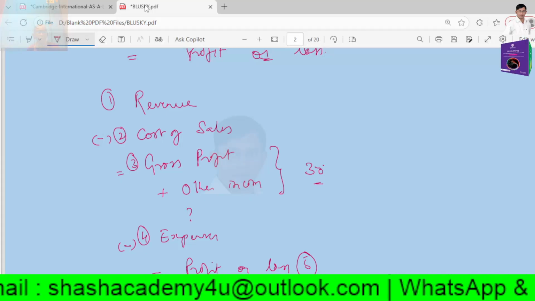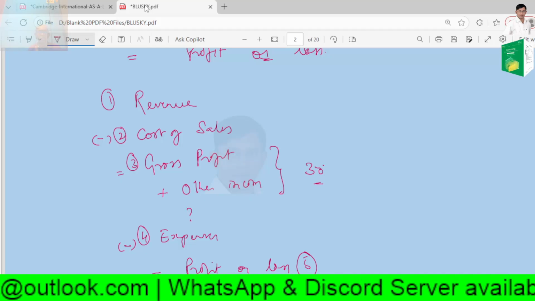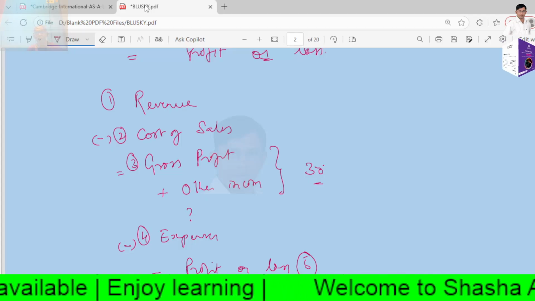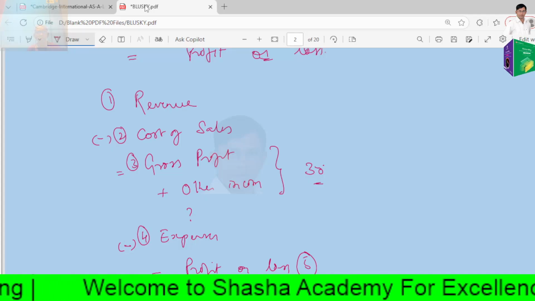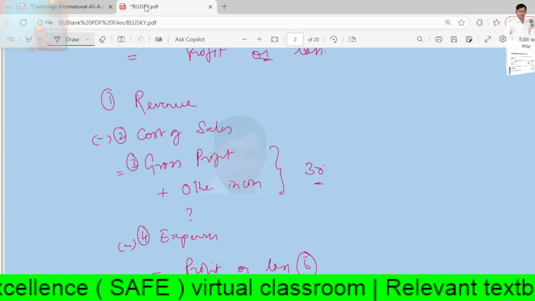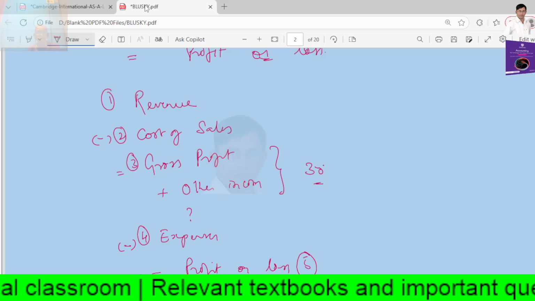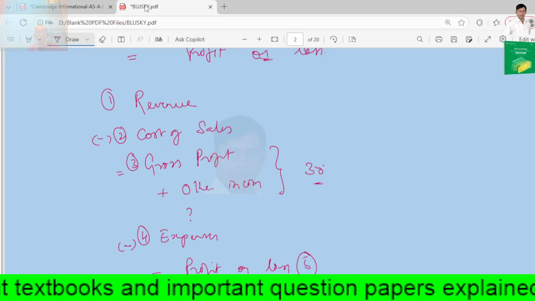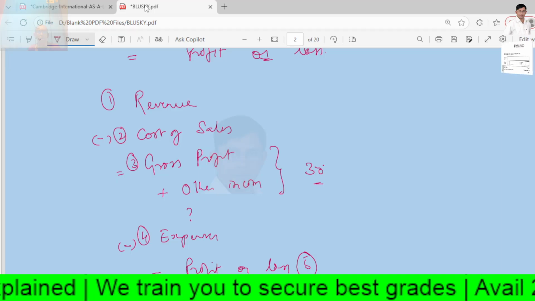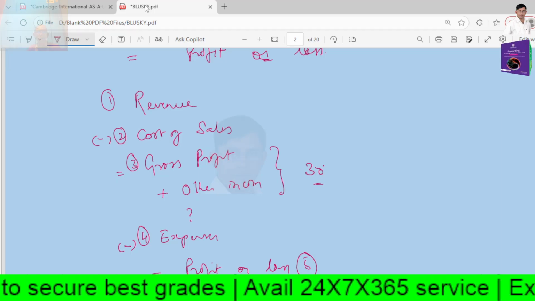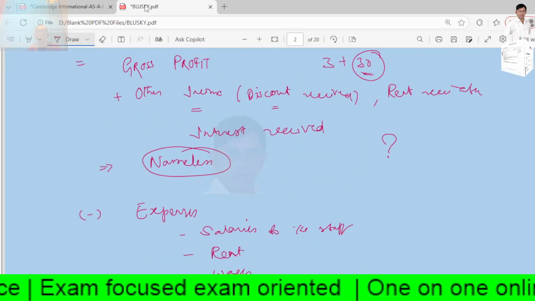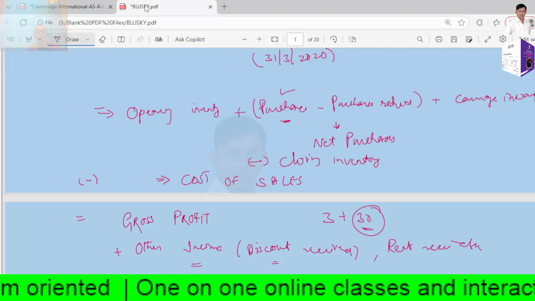So now let us go and work out. If you remember this, this particular aspect is very important. Questions on income statement, profit or loss, are often asked in both AS level and A level, often with a lot of adjustments. So first, these are the steps you should know. Suppose one of the items is not there, for example, if opening inventory is not there, you can just leave it. If there is no other income, you can leave it.